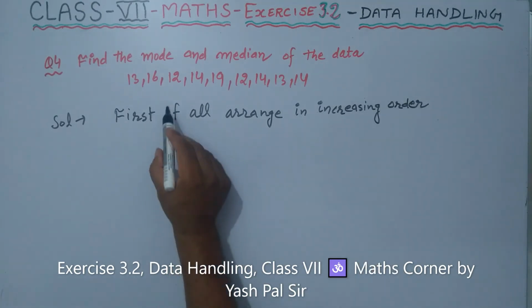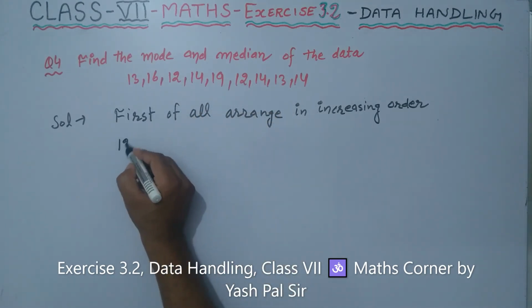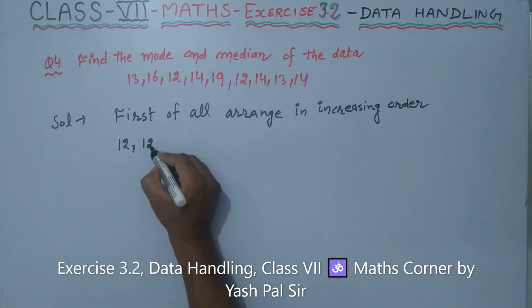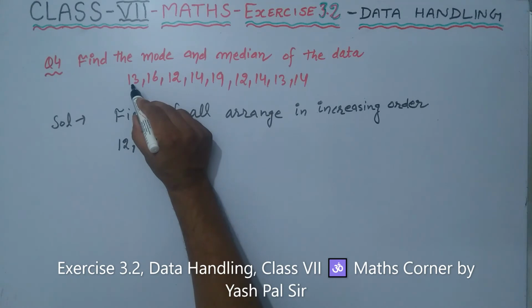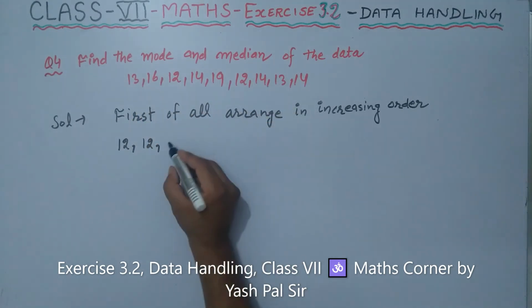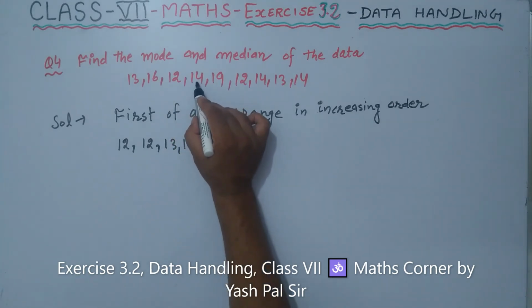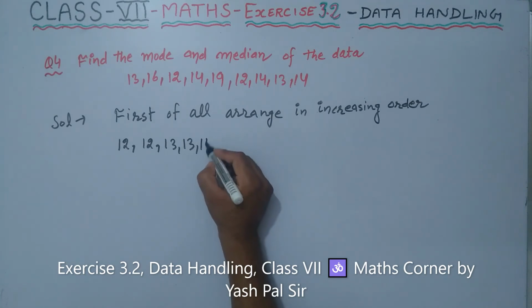That means the smallest number is 12, one time, two times. After 12, we have 13, one time, two times. Thereafter, we have 14, one time, two times, three times.